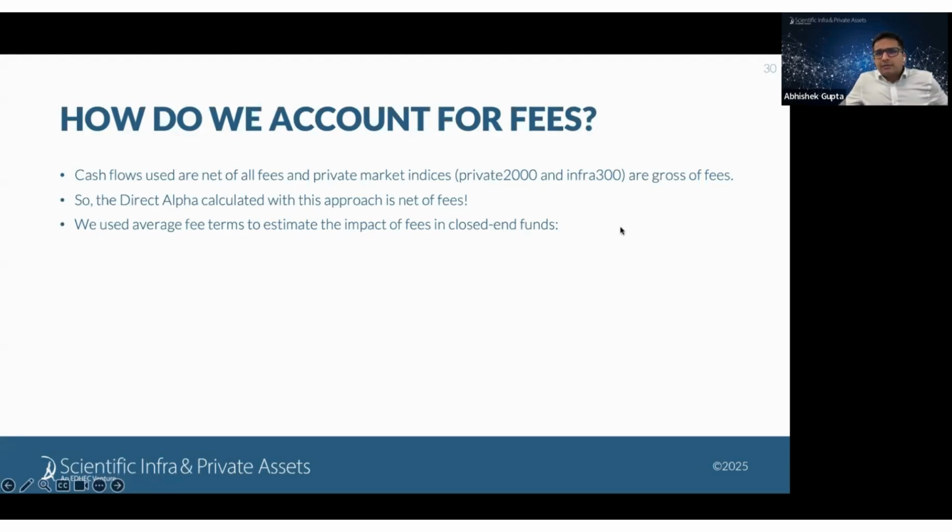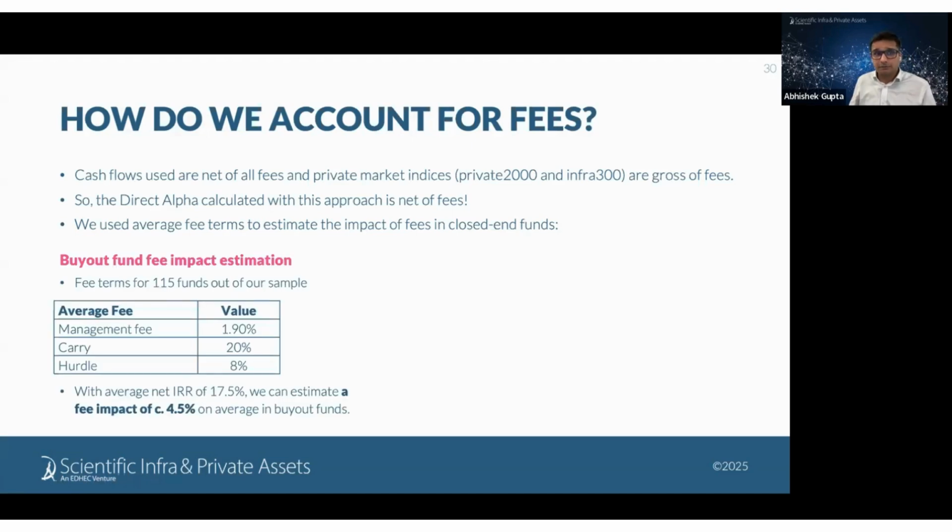But also, to get an estimate of what sort of impact fees may have on the returns, we do this exercise using average fee terms of the funds in our sample. So first we look at the buyout funds that we have in our sample. We got fee terms for about 115 funds. Average management fees are about 1.9%. Average carry is 20% and hurdle is 8% for those funds.